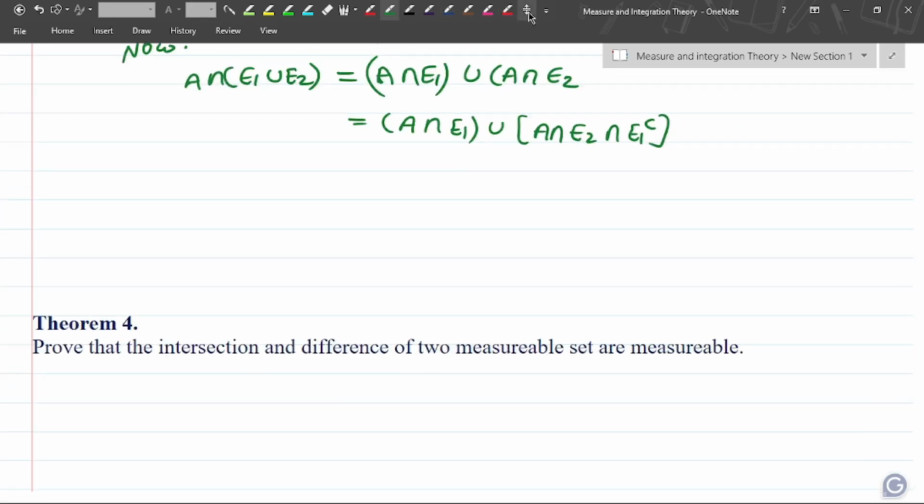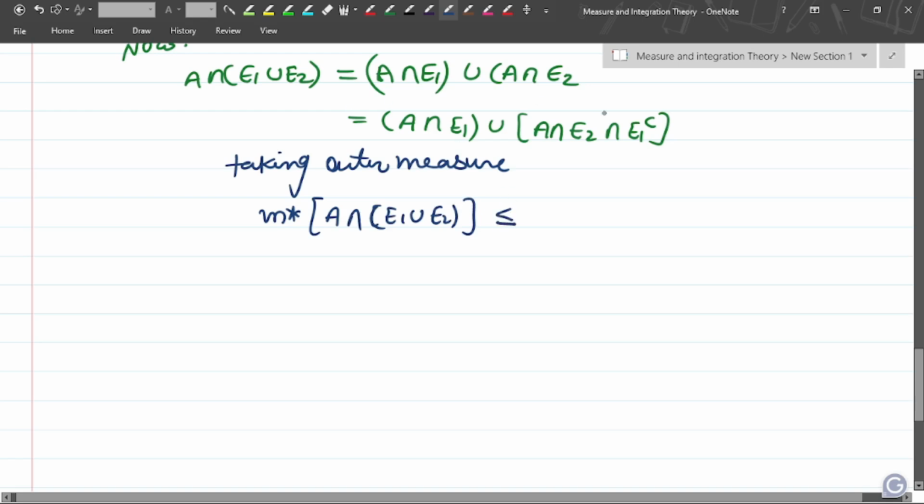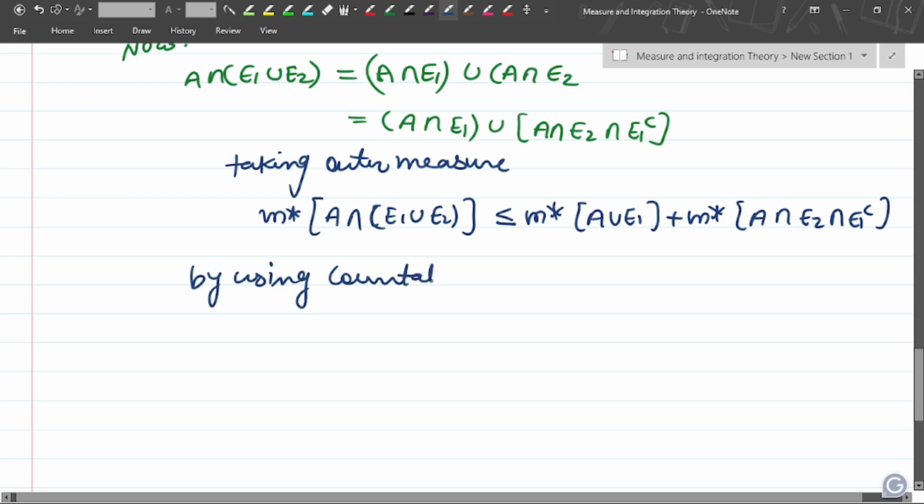Now, taking the outer measure of A intersection (E1 union E2), it is obviously less than or equal to the outer measure of A intersection E1 plus the outer measure of A intersection E2 intersection E1 complement, because this is the union of these two, by using countable subadditivity.